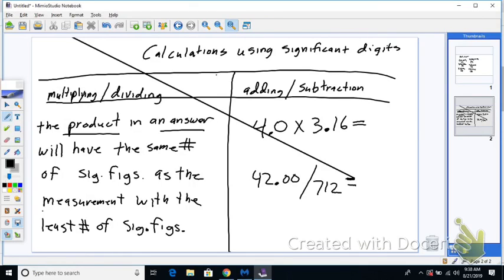And the reason why is you have to be exact. You have to give me the exact answer, not an approximate answer, the exact answer it's supposed to be. And so students will mess up on these two types of problems, the adding, subtracting, multiplying, dividing.